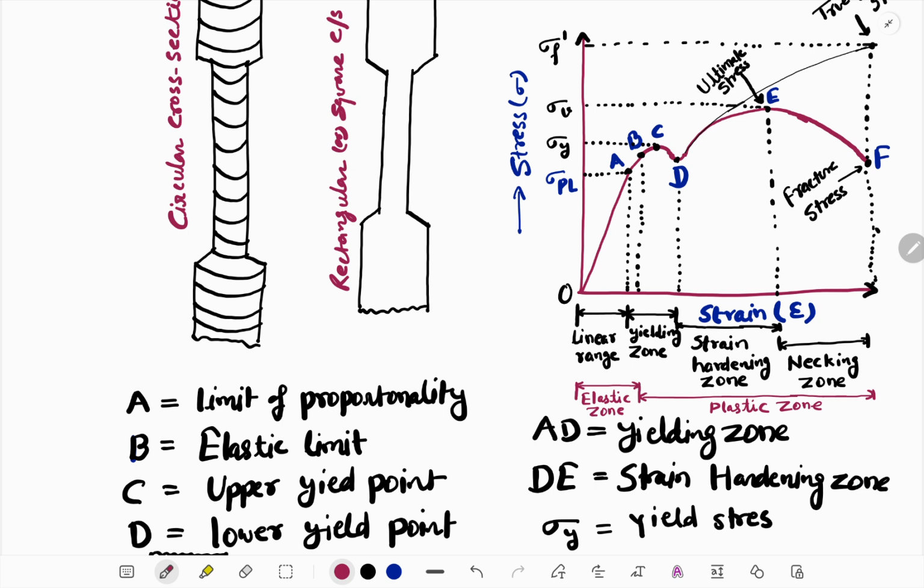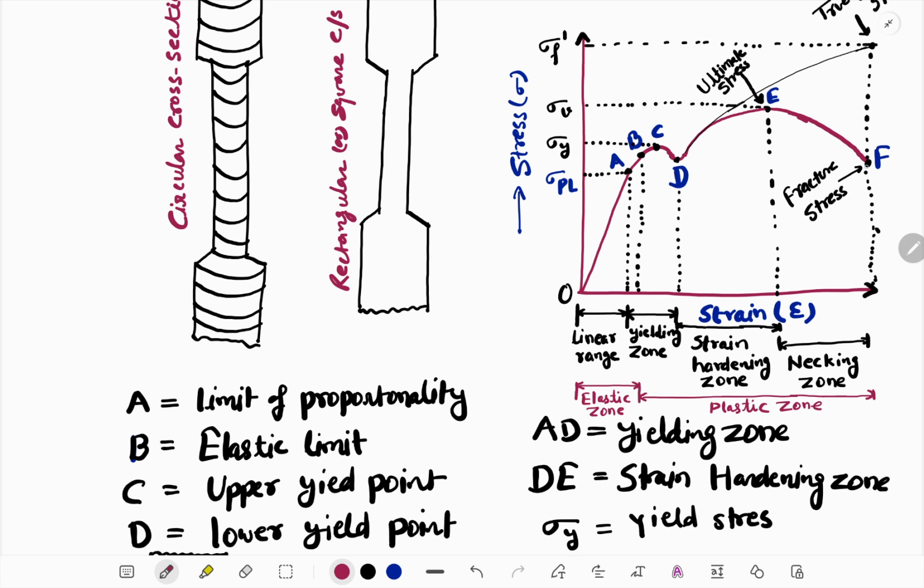After the strain hardening zone, the material starts yielding and will reach the failure point. Ultimately, at point F, the material will fail and break.